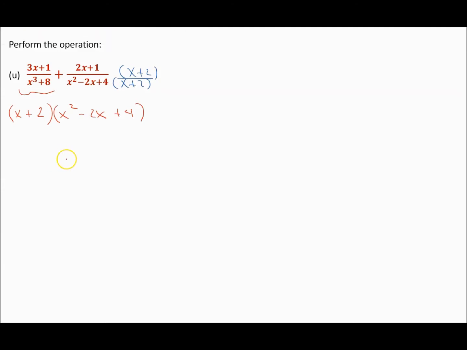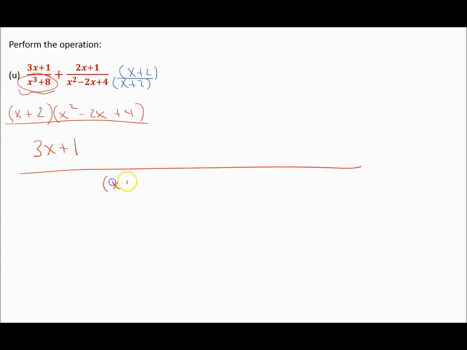Alright, so I'm not doing anything to my first fraction because that is the common denominator, which is the same as this. So these are the same. So now I have 3x plus 1, and then remember this is over my common denominator of x plus 2 times x squared minus 2x plus 4.